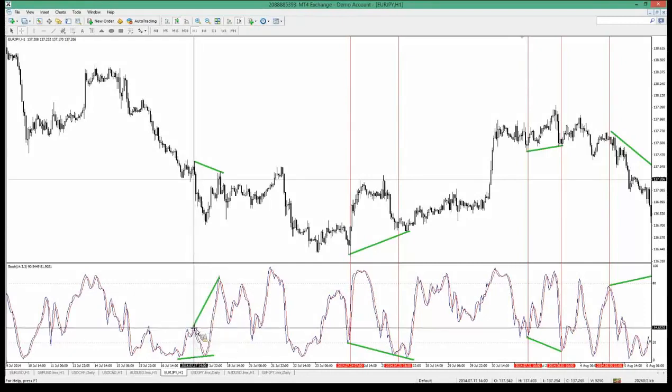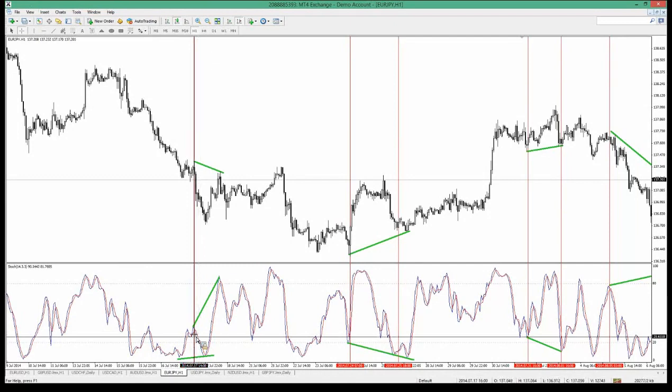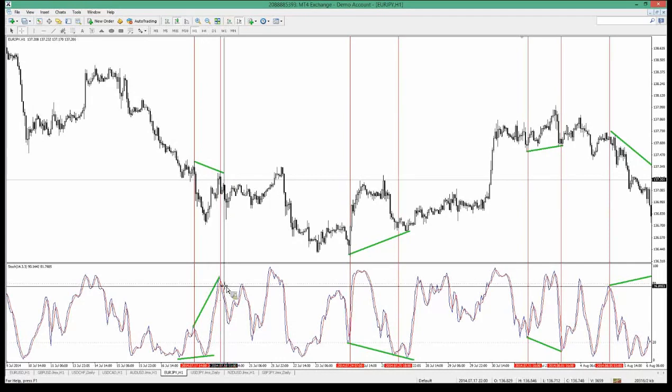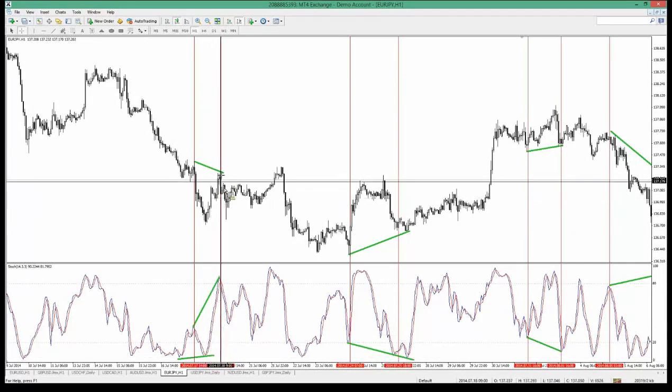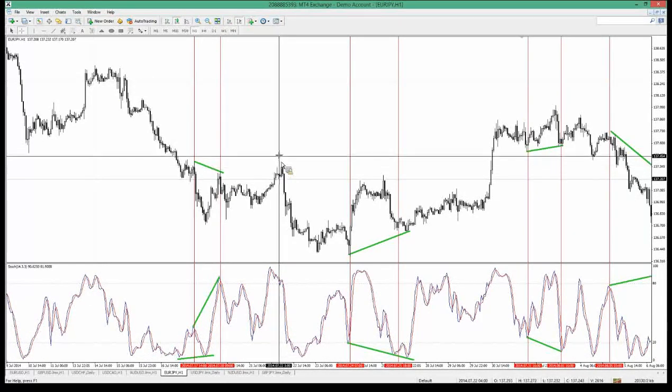So we have price making a high, the MACD, stochastic making a lower high down there, and then a higher high with price making a lower high here. You see the difference when we're in a downtrend.